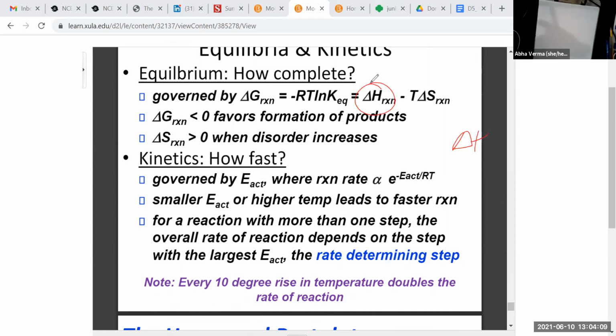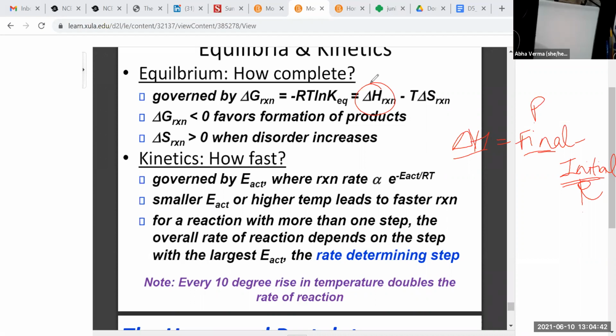So our delta H tells us the final destination minus the initial point. That could be from products to reactants or from reactants to products. If you have to tell me the delta H from the reactants to the products, your initial is the reactants' energy and your final will be the energy of the products.